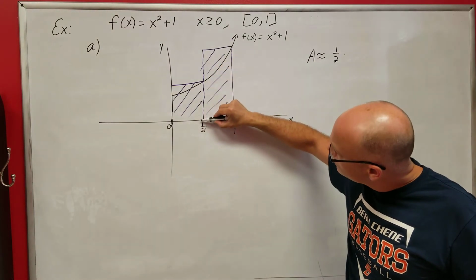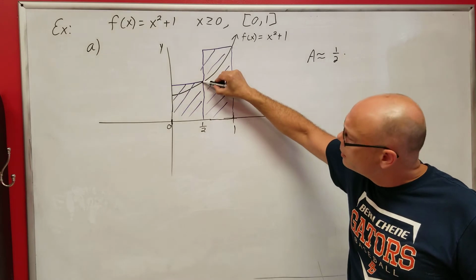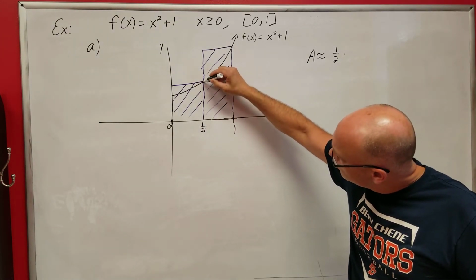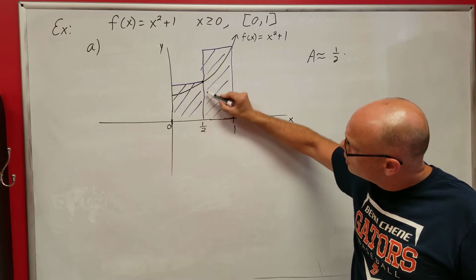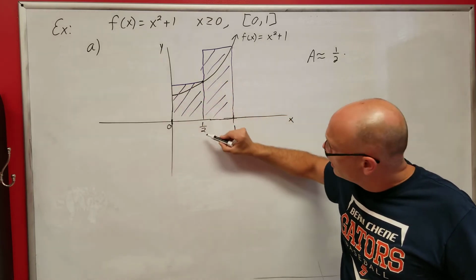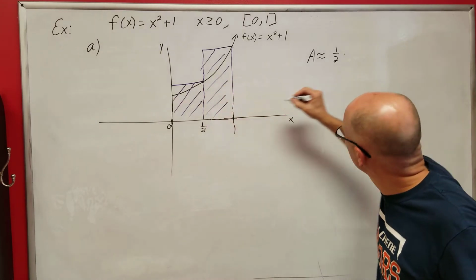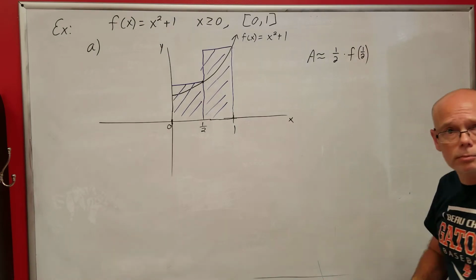How tall is this rectangle from here to here? How do I find that? Well, here's where it hits my function, f of x. So couldn't I say the height of that is my function f evaluated at 1/2? And that'll be my height right there.